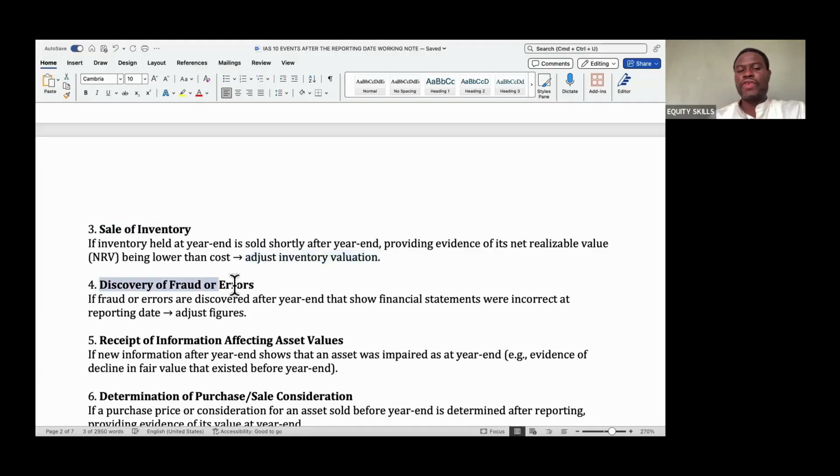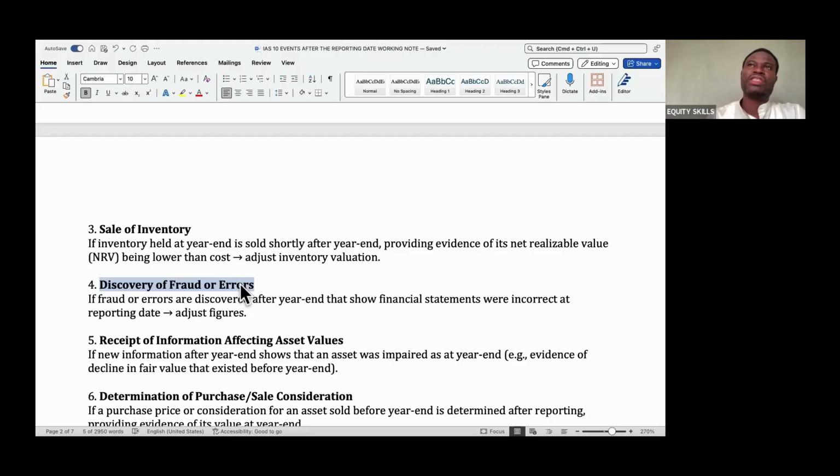Another one is discovery of fraud or error. If fraud or errors are discovered after the year end, that shows that our financial statements were incorrect, and we will need to adjust the figures of that previous year, especially if the fraud was discovered before the authorization date.